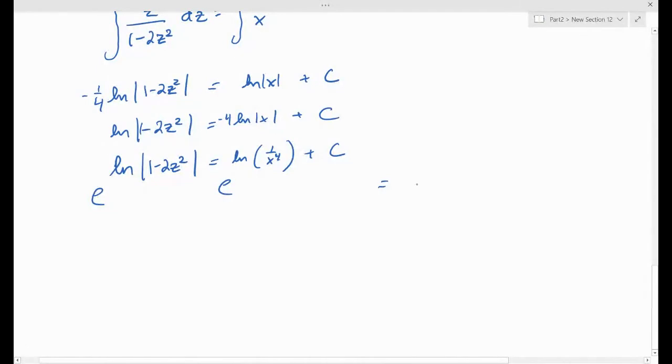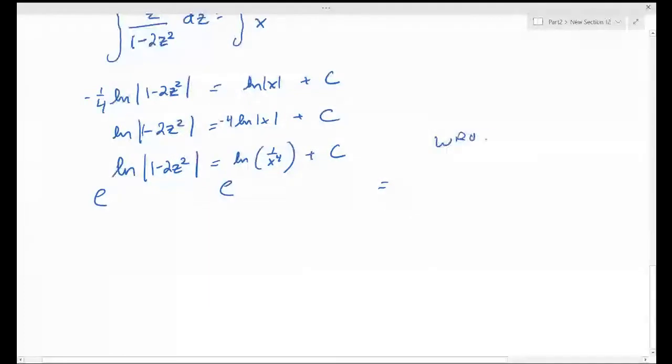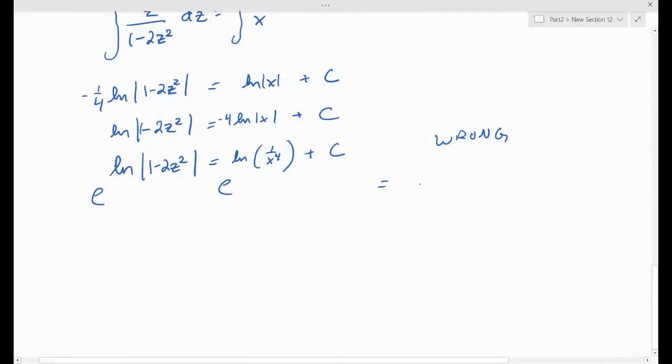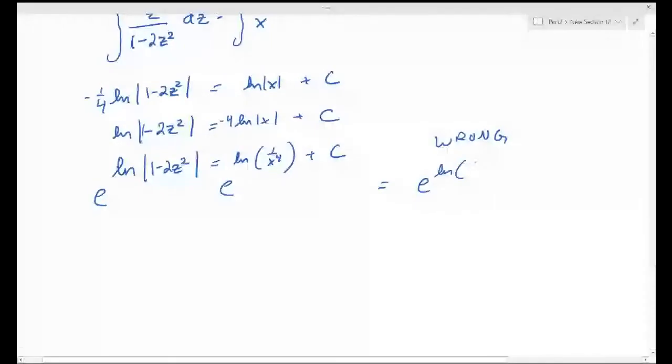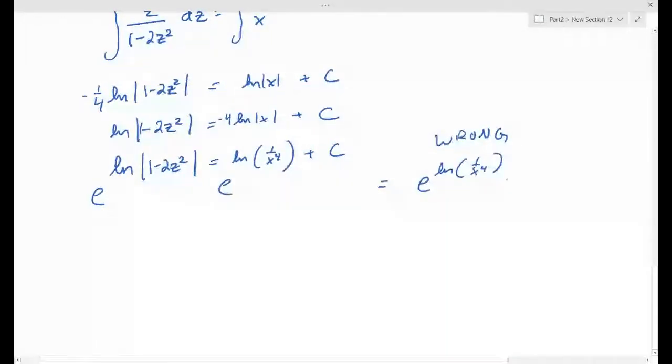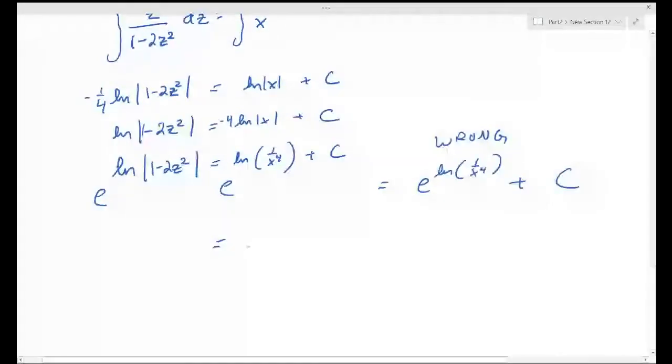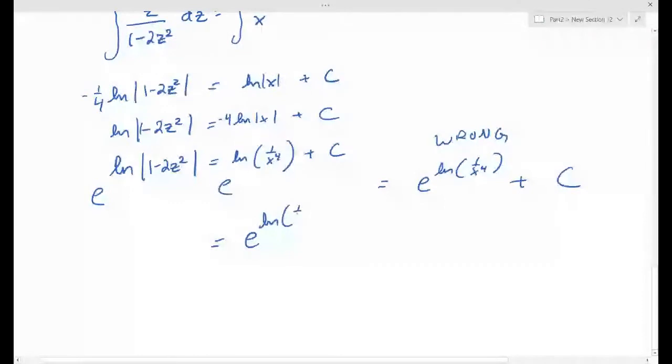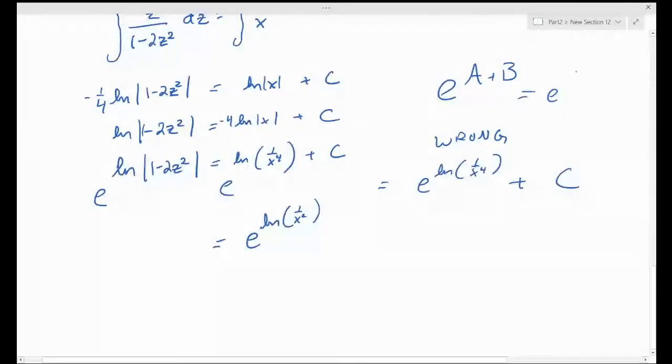Remembering on the left, the common mistake would be, so this is wrong, what I'm about to write, the common mistake would be to write this as plus a constant, right? Why is that wrong? Because I'm not correctly using the properties of exponents. e to the a plus b is e to the a times, not plus, e to the b.